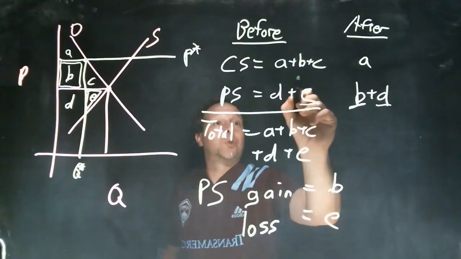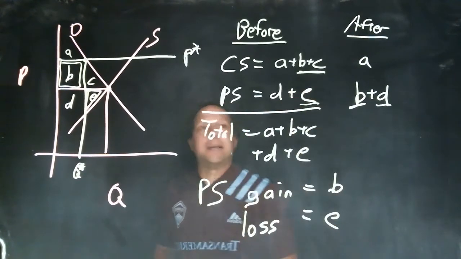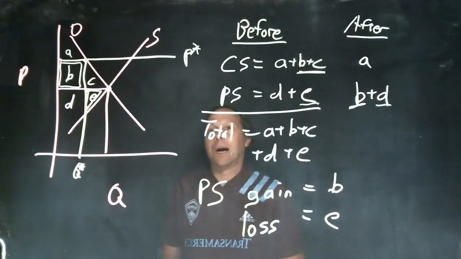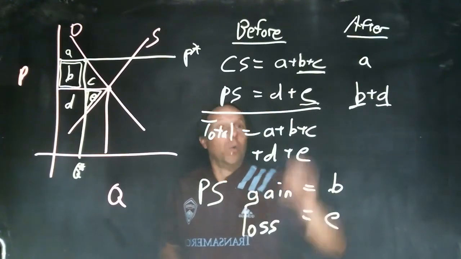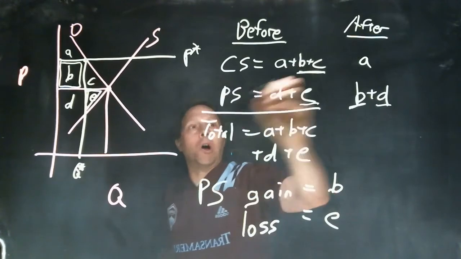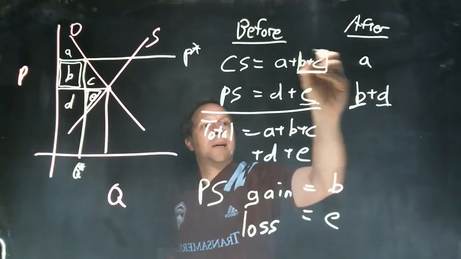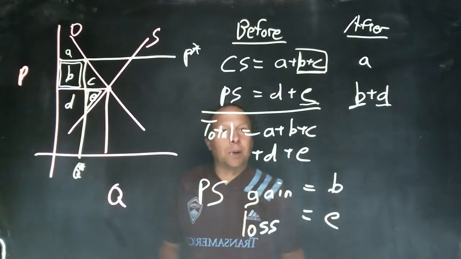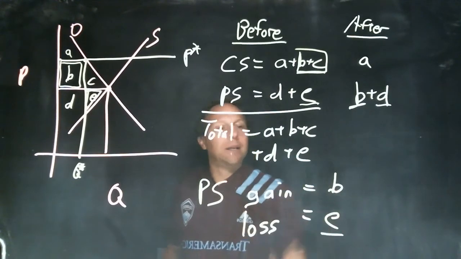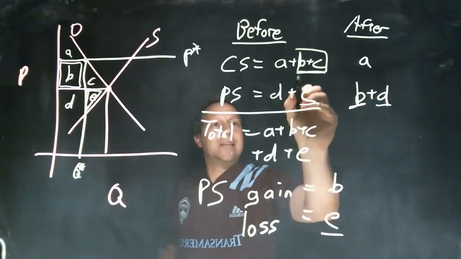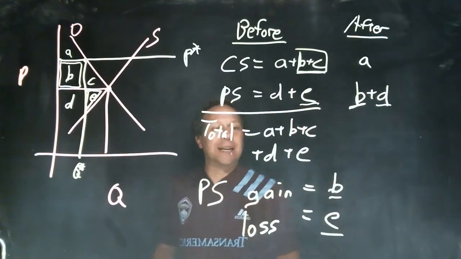We do know for sure that this area here is lost to the demanders. You put all this together, we know that there's a loss of B plus C to the consumers. We know there is a loss of E to the producers. This area B, however, is a gain to producers.